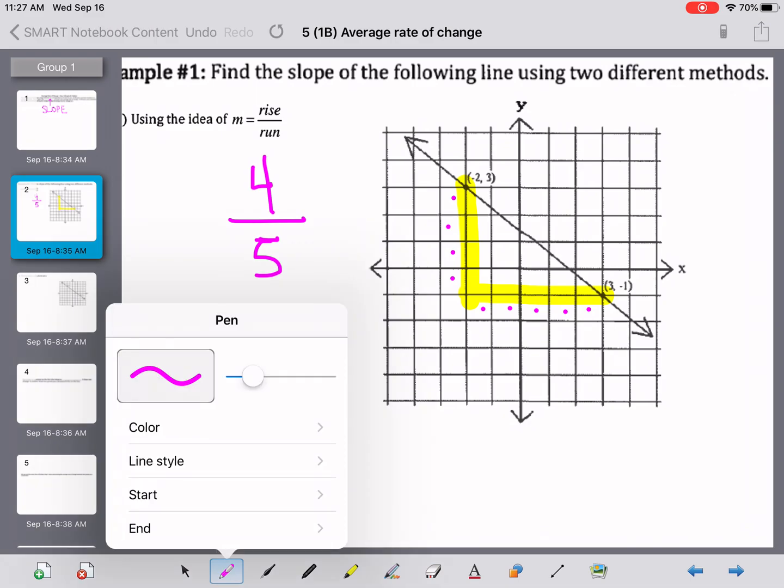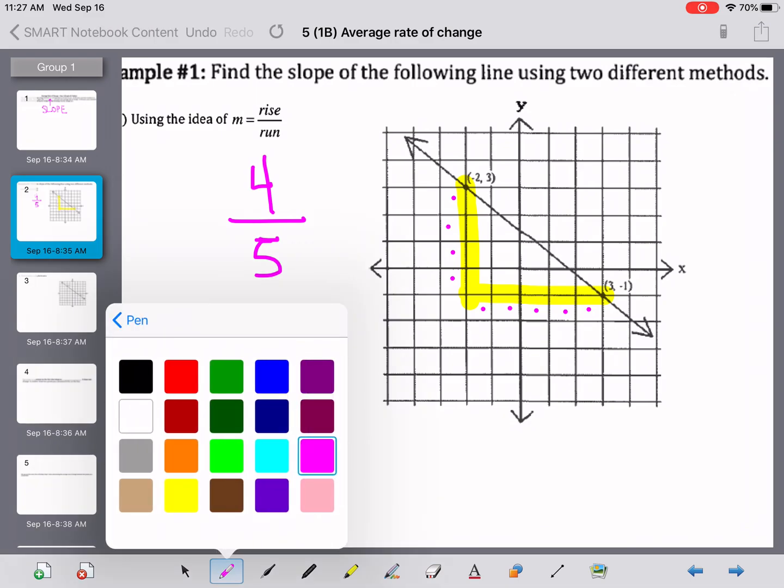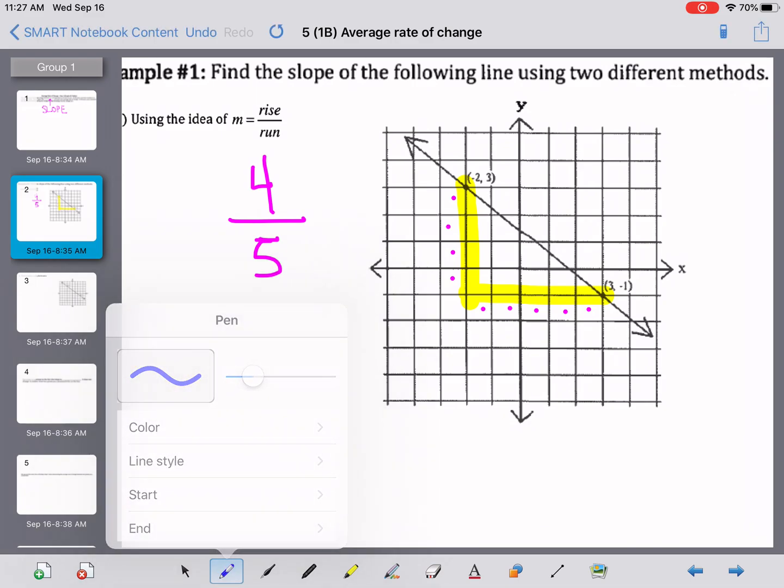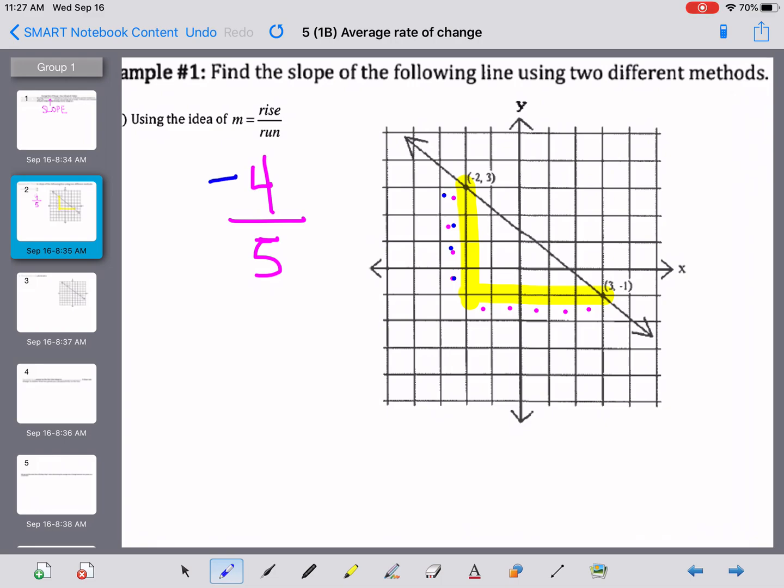So let me change colors here. So 1, 2, 3, 4 down. And because we went down, we're going to go negative, and then 1, 2, 3, 4, 5 right. So our slope is negative 4 over 5.